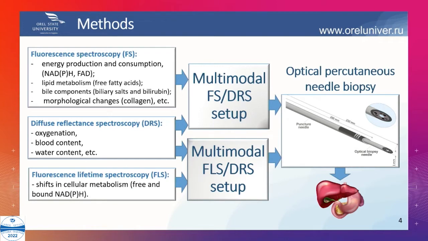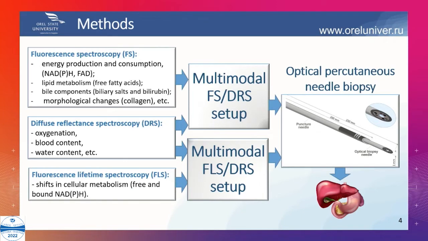Diffuse reflectance spectroscopy allows us to determine tissue oxygenation, blood content, water content, etc. Fluorescence spectroscopy allows us to study metabolic activity through NADH and FAD, and morphological changes. NADH has either a short or long fluorescence lifetime component depending on whether it is free or protein bound.